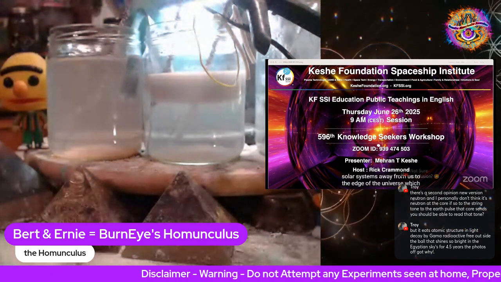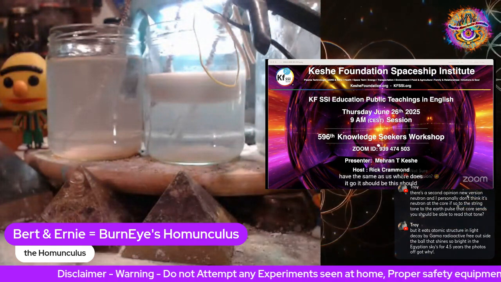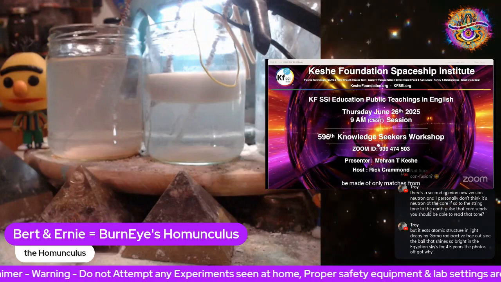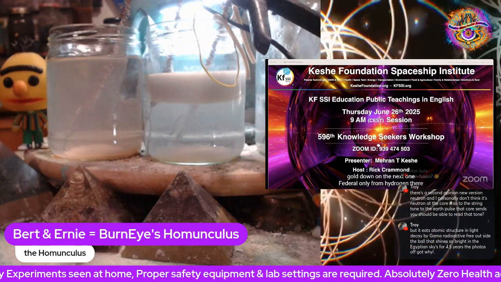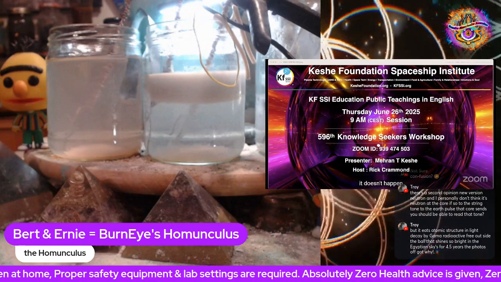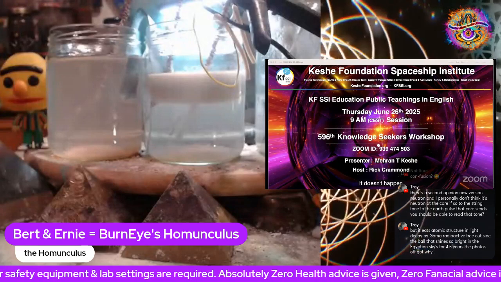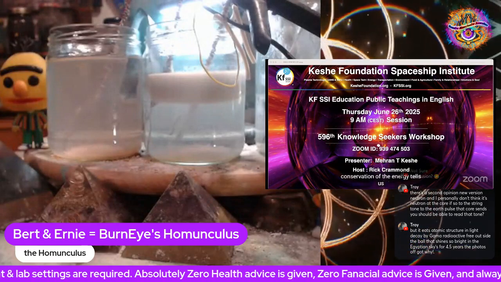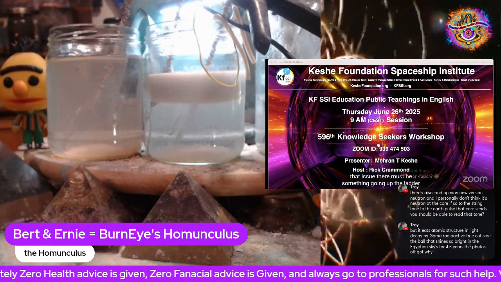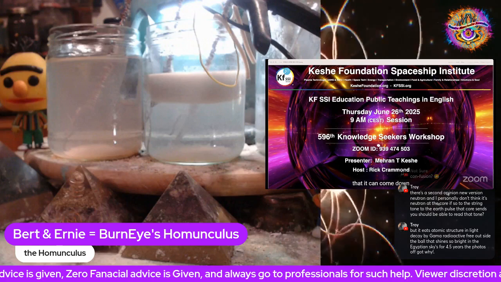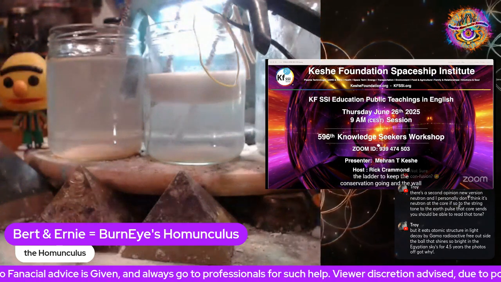Where does it go? It should be smaller. They should be made of only atoms from gold down, and the next one only from hydrogen down. It doesn't happen. Conservation of energy tells us there must be something going up the ladder so that it can come down the ladder to keep the conservation going. And the world of science has not understood this.